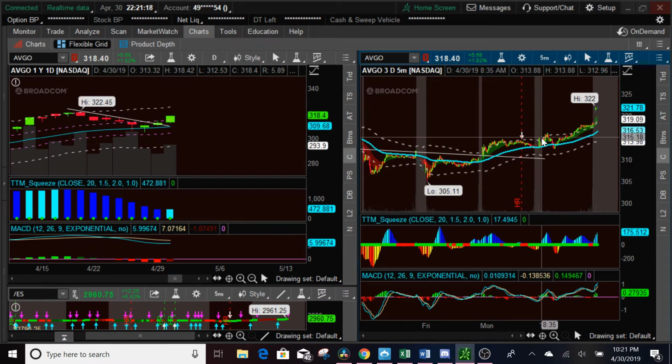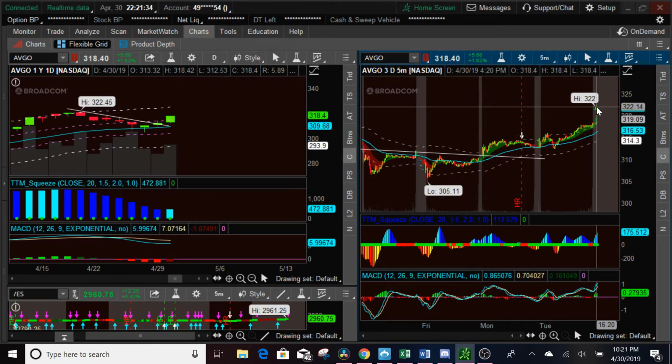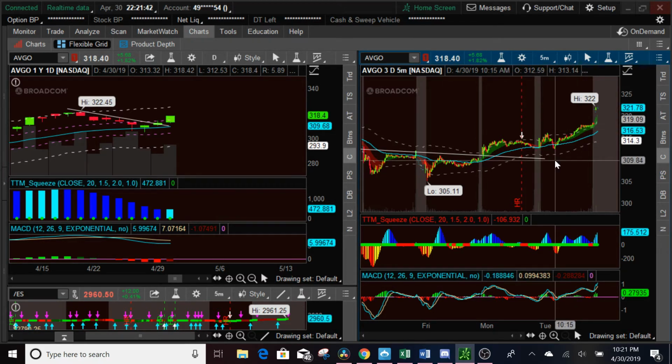As it hit over 315, I think right around 315.50 is where I got filled, and then it promptly sold off. And of course after it sold off, it rallied like crazy. I think it ended up hitting 321, but that's okay. No FOMO. All right, so that was AVGO.